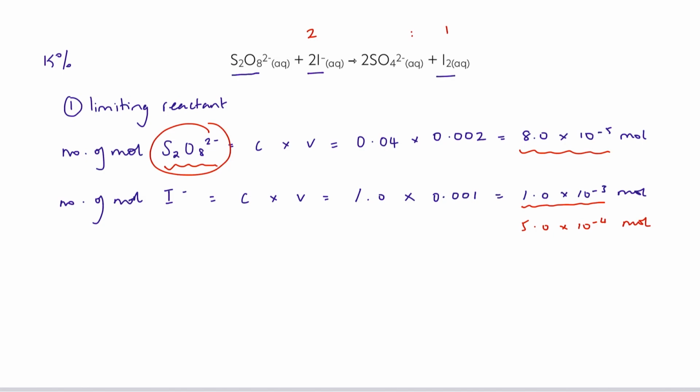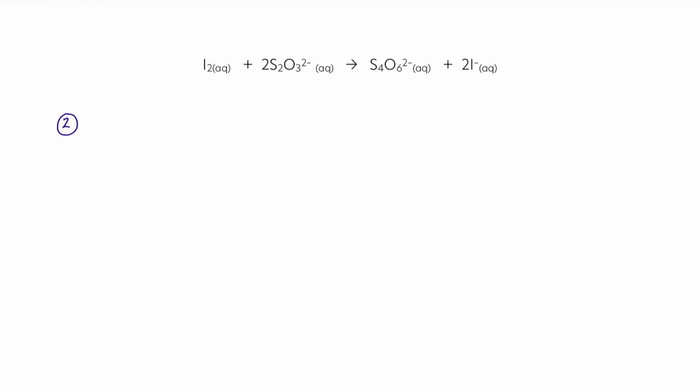Step 2 is to determine the amount of sodium thiosulfate present, because if I know how much thiosulfate I've got present, I can figure out how much iodine was used up in the clock, the time before my blue-black complex was formed.